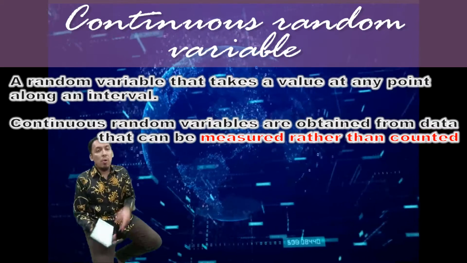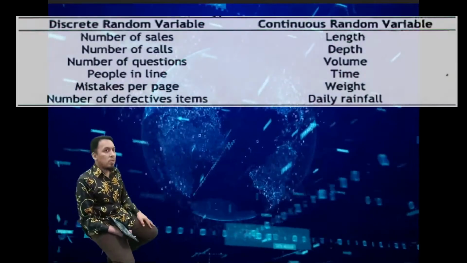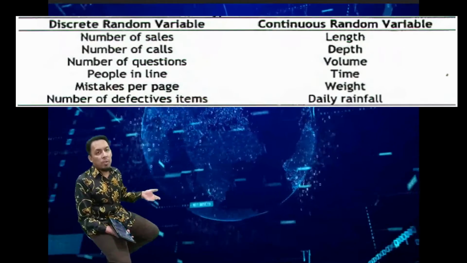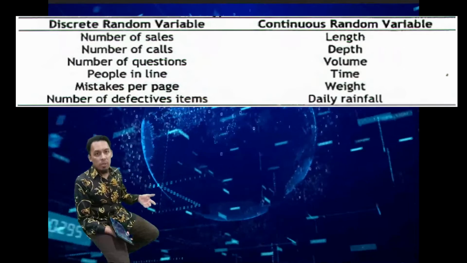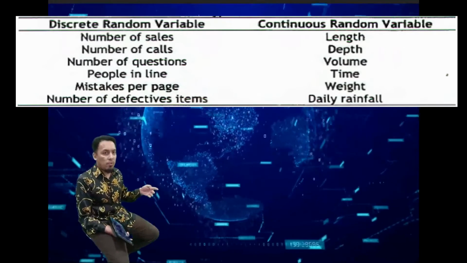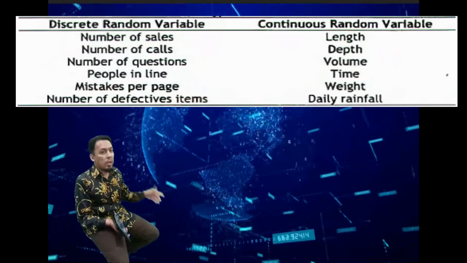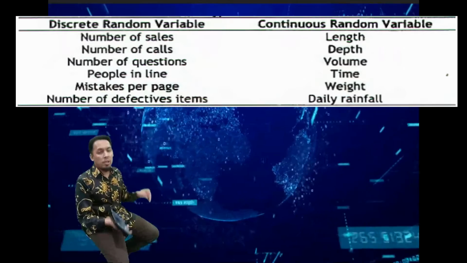To be more clear on these two types of variable, let's look at this table. There are several examples of discrete random variables, which are countable. We have number of sales, number of calls, number of questions, people in line, mistakes per page, number of defective items.